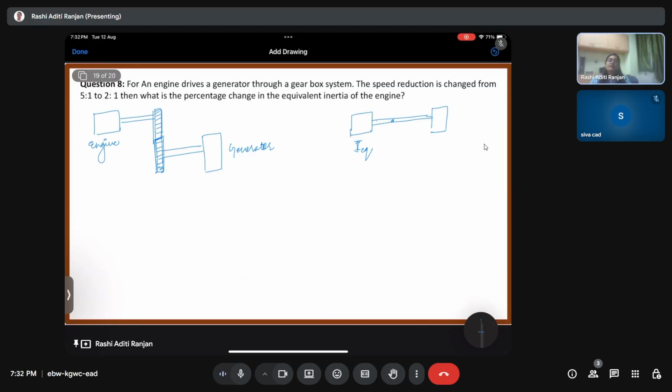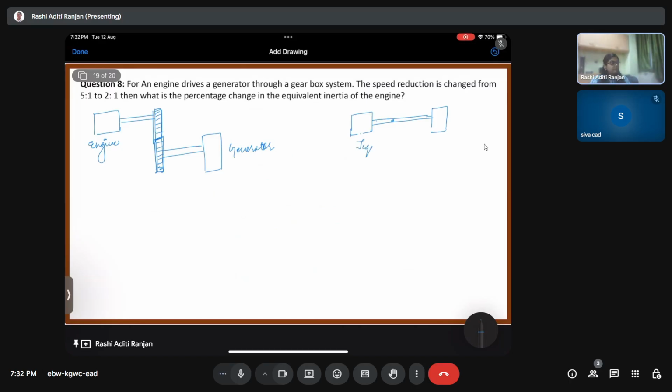Because of that relation, I can make my system a 1 degree of freedom system, because I can write the movement of the engine with respect to the generator. Now, for that, I need to find J equivalent, not I, it should be J because it's a torsional case and we consider the polar moment of inertia over here.